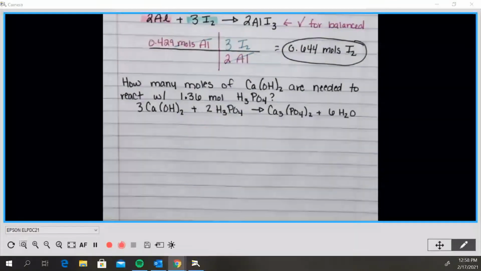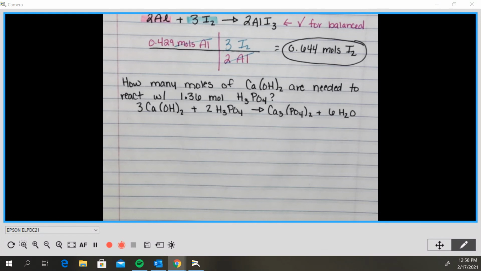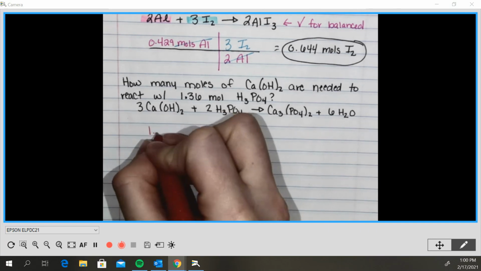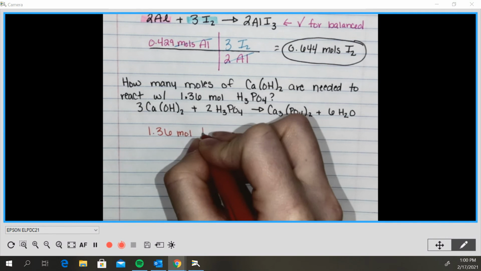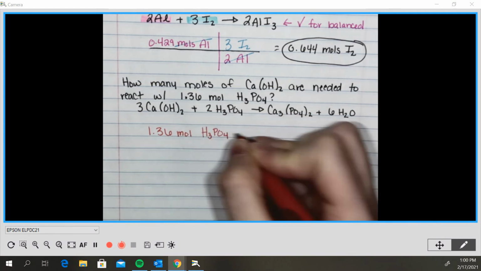Go ahead and give this one a try. Remember to check if it's balanced. What you should have ended up with is 1.36 mole of H3PO4 in your given slot.